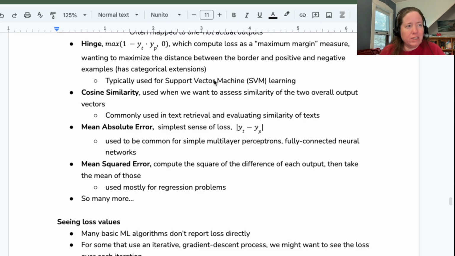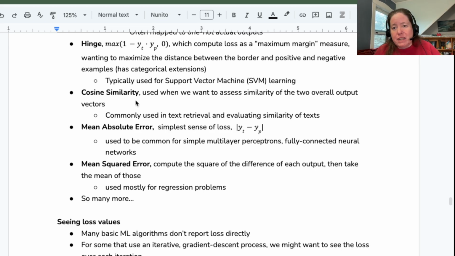It is particularly used for support vector machine learning, because support vector machines' whole goal in life is to find a hyperplane through the data that maximizes the distance of that plane from any actual examples it's seen. It wants to be right down the middle, separating the data as widely as possible to avoid any errors that might come from things that are fairly close to the boundary between categories.